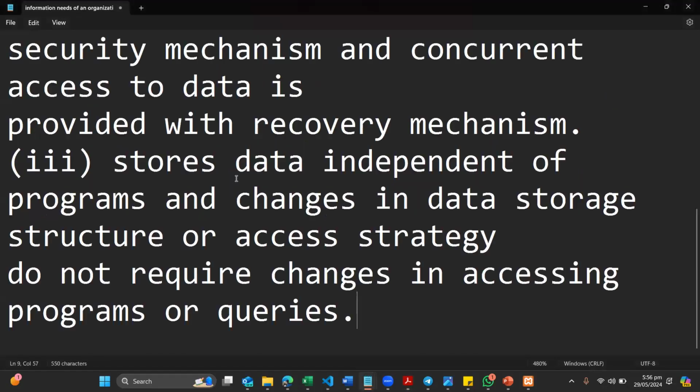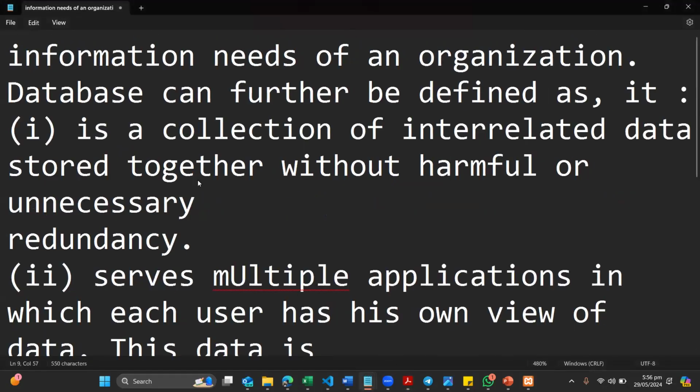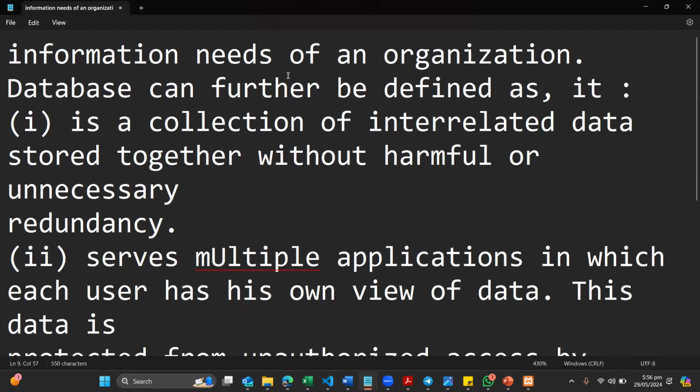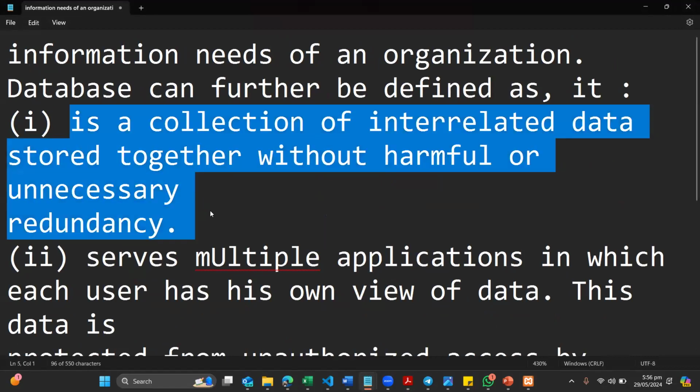Okay. So a database can further be defined as the following. It is a collection of interrelated data stored together without harmful or unnecessary redundancy.